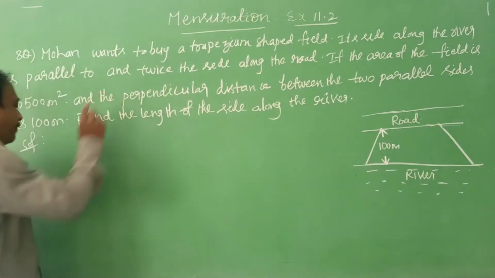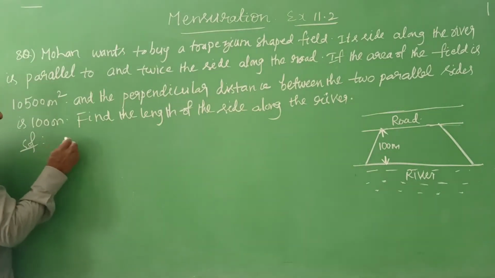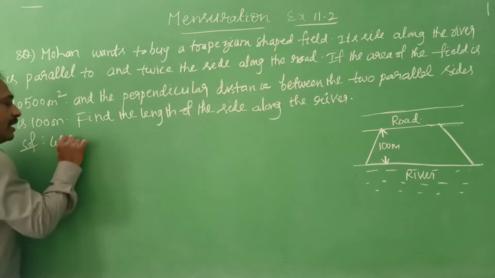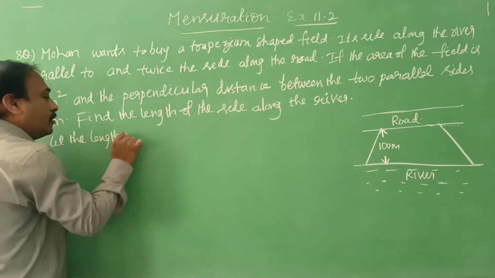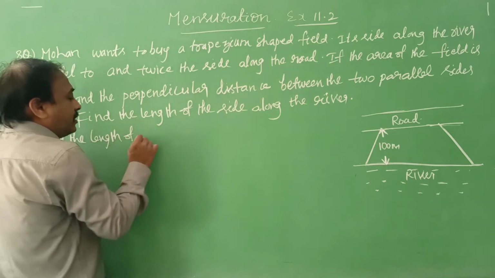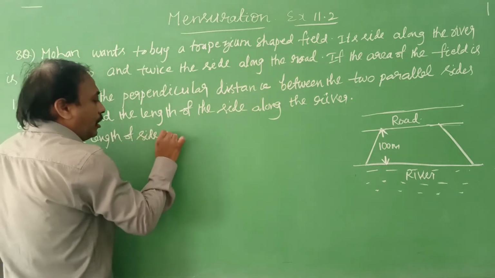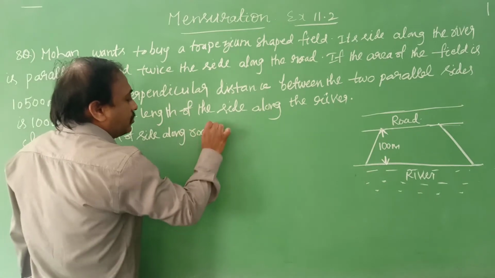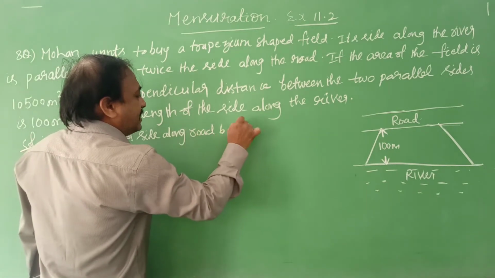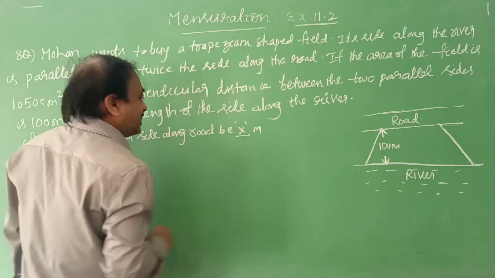So let the length of the side along the road be x. We are assuming it as x meters.